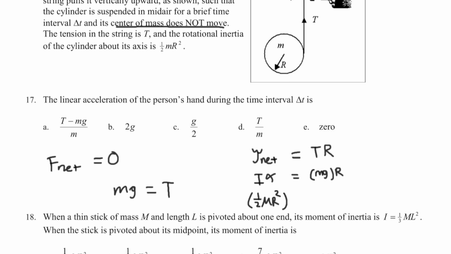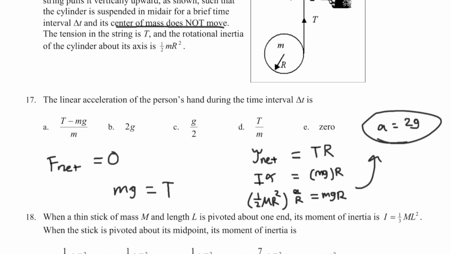And since there's no slipping, alpha is a over r. And after canceling the r's and multiplying by 2, we see that a is actually just equal to 2g, because this r cancels with this r, and then the m's cancel out. So we get 2g.